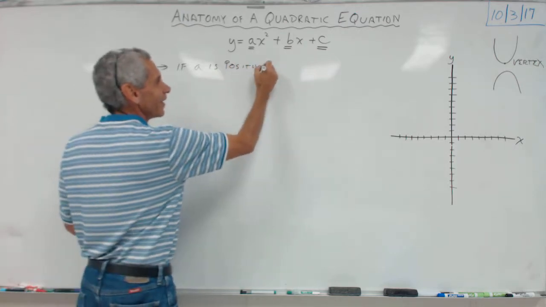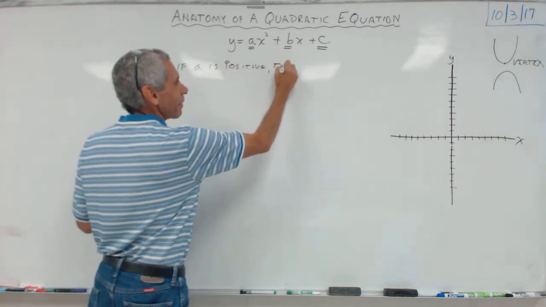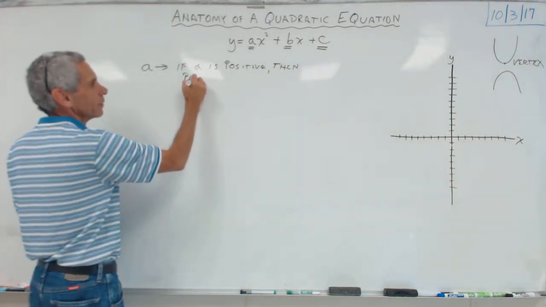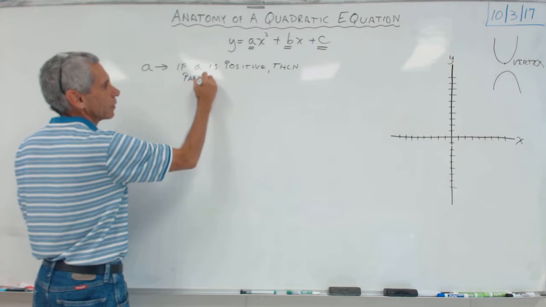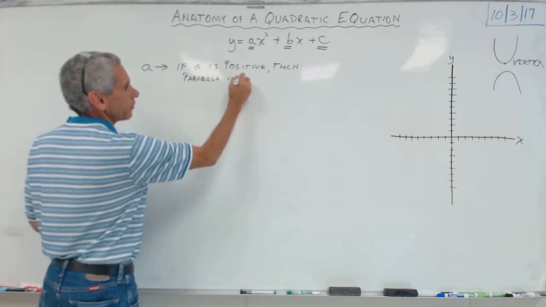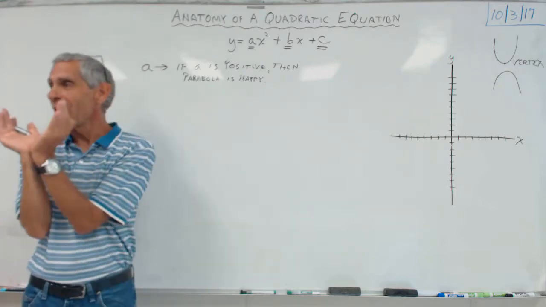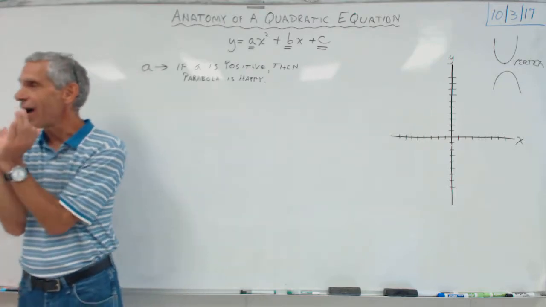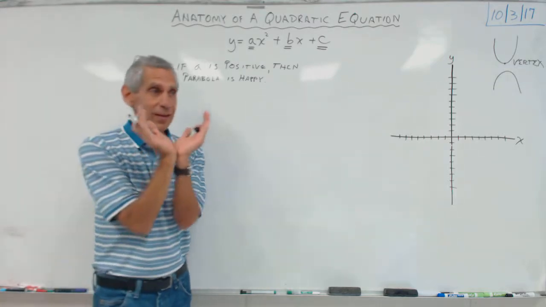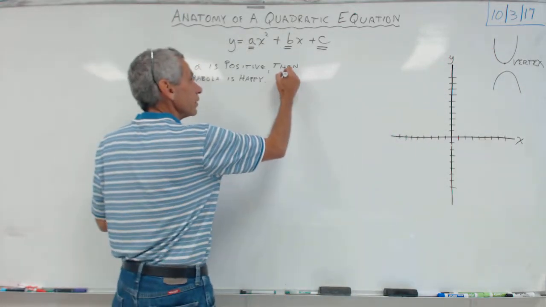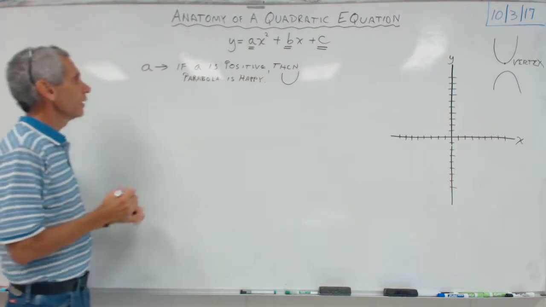Then the parabola is happy. So if the number A is positive, it's always going to be this kind of parabola. It's going to be like this, okay?